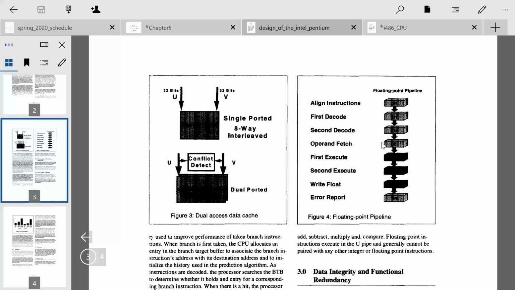So now you have two data ports and a single instruction port, because when it fetches on the front end, it still fetches a 16 byte chunk of data, and then decodes that and splits it down. So you're still fetching once, even though you're going to pull two instructions from that buffer.